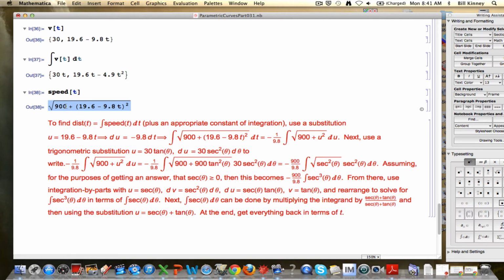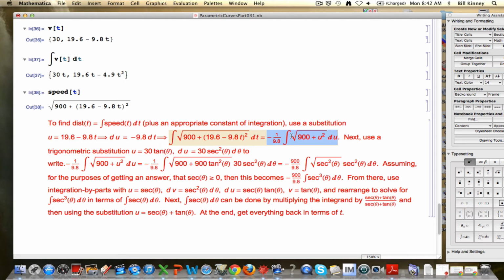To integrate this function right here, the square root, it's a good idea to first do a substitution. If you let u equal 19.6 minus 9.8t, that's a good substitution to make initially. Then du will be negative 9.8 dt, and therefore dt will be 1 divided by negative 9.8 times du, and we can rewrite the integral in this form.